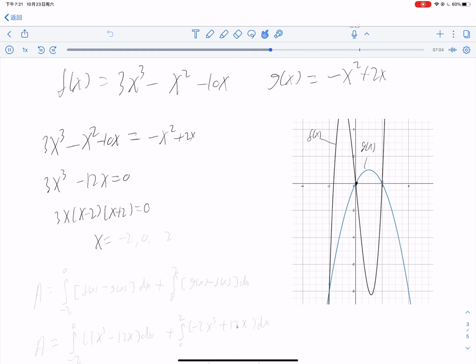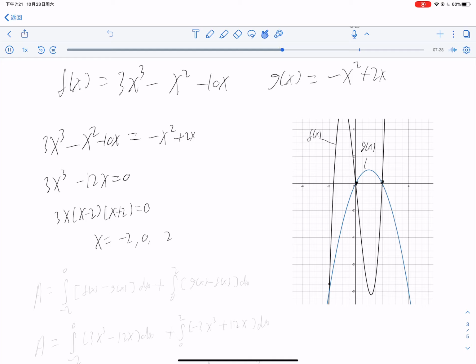So x is negative 2, 0, and positive 2. Alright, so you can see that between negative 2 and 0, f of x is on the top. And between 0 and positive 2, g of x is on the top.